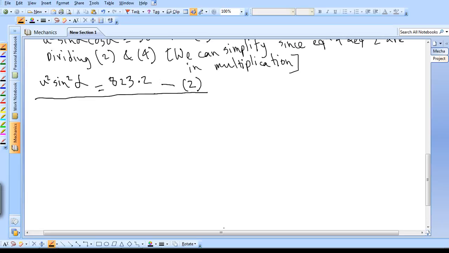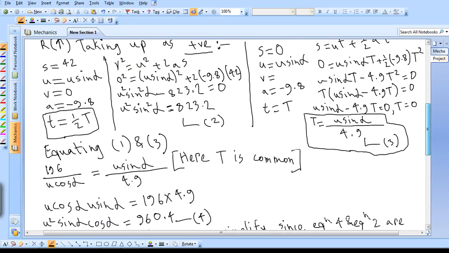If we have seen, the equation 2 is u square sine square alpha is equals to 823.2.